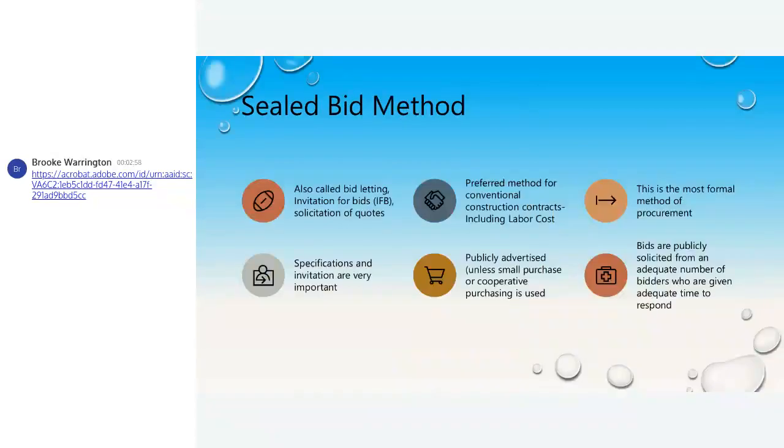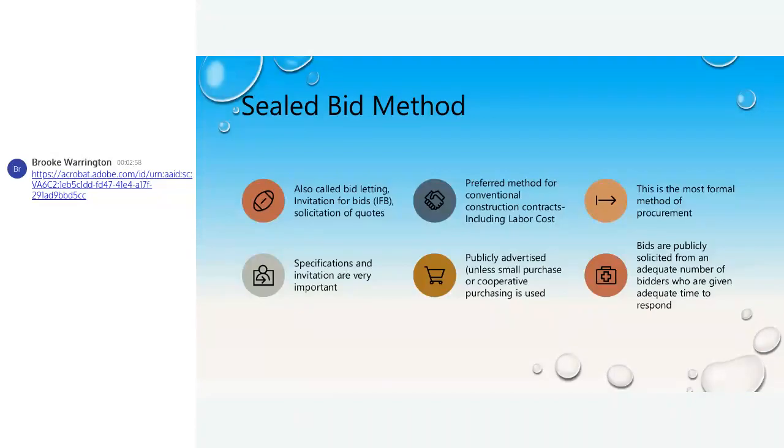They also call that bid letting, or an IFB, an invitation for bid, a solicitation of quotes. Specifications and invitations are very, very important. Your specifications are hugely important. A lot of times you're going to use an architect or an engineer for this purpose. It is the preferred method for your conventional construction contracts, including the labor cost.